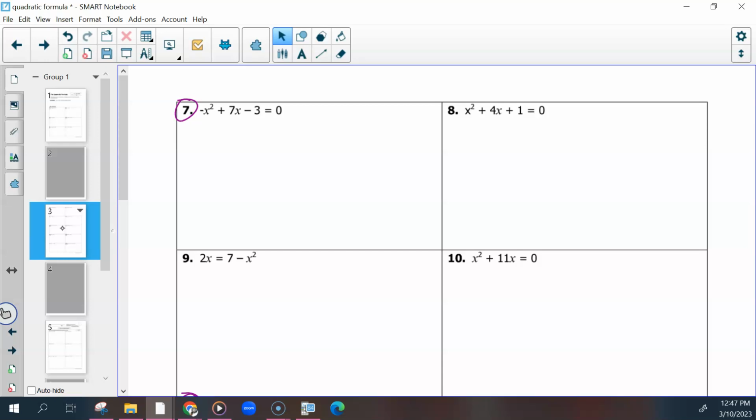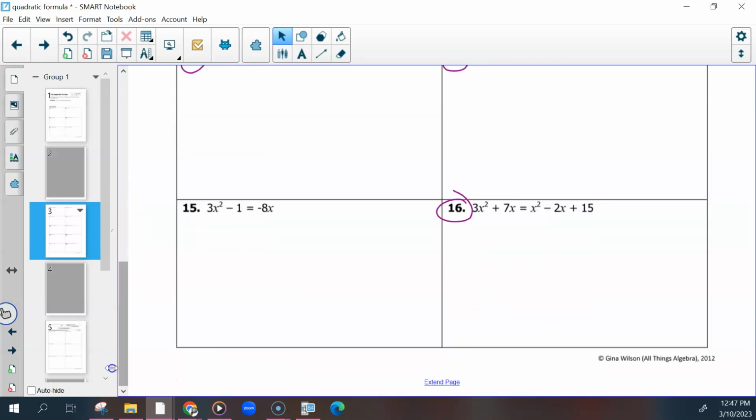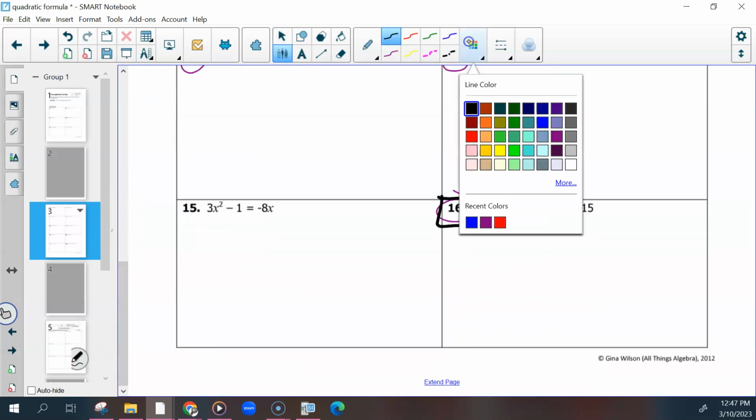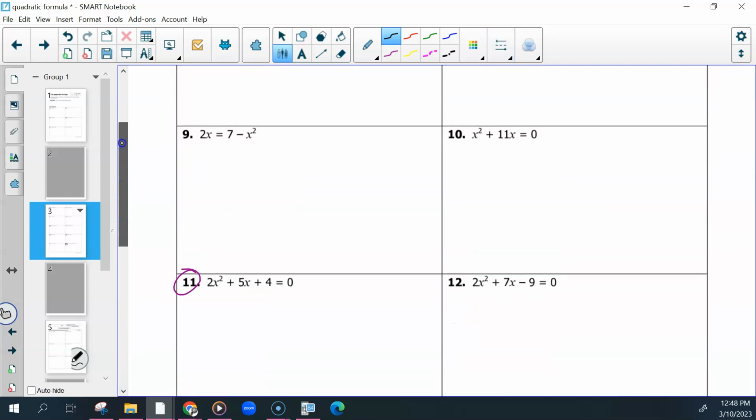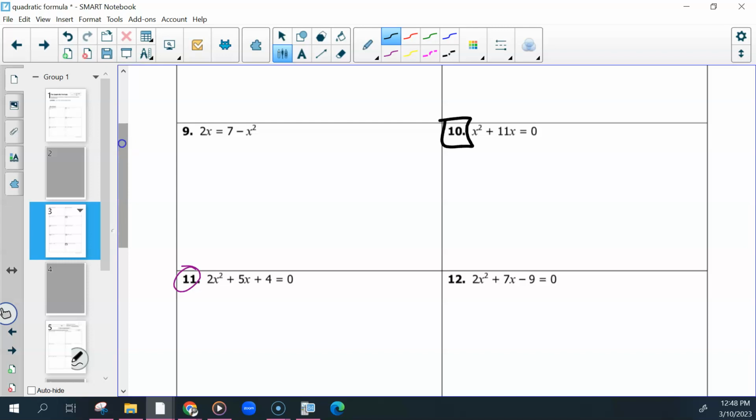Of the remaining problems, so we did numbers 1 through 5, look at the others. See which ones you want to see, go over, or have questions about. 16, they look challenging. Any others? Okay, we have 16.